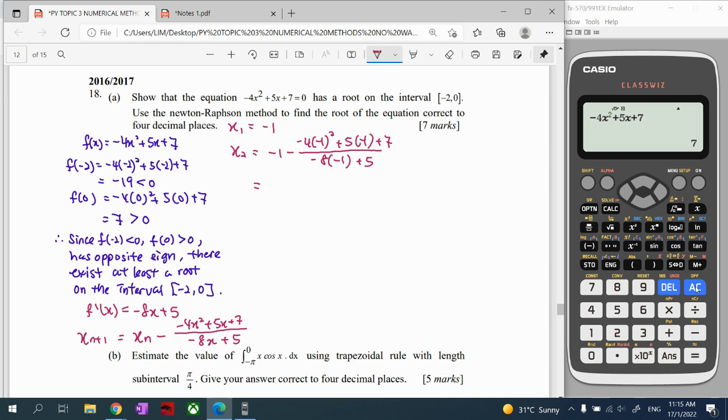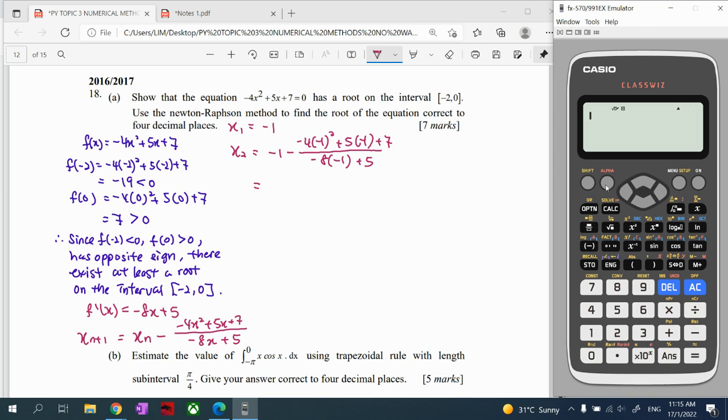Before I find the answer, I need to plug in the formula. Alpha x minus a fraction. Up here is the function, which is negative 4 alpha x squared, plus 5 alpha x, and then plus 7, over the differential function negative 8 alpha x plus 5.